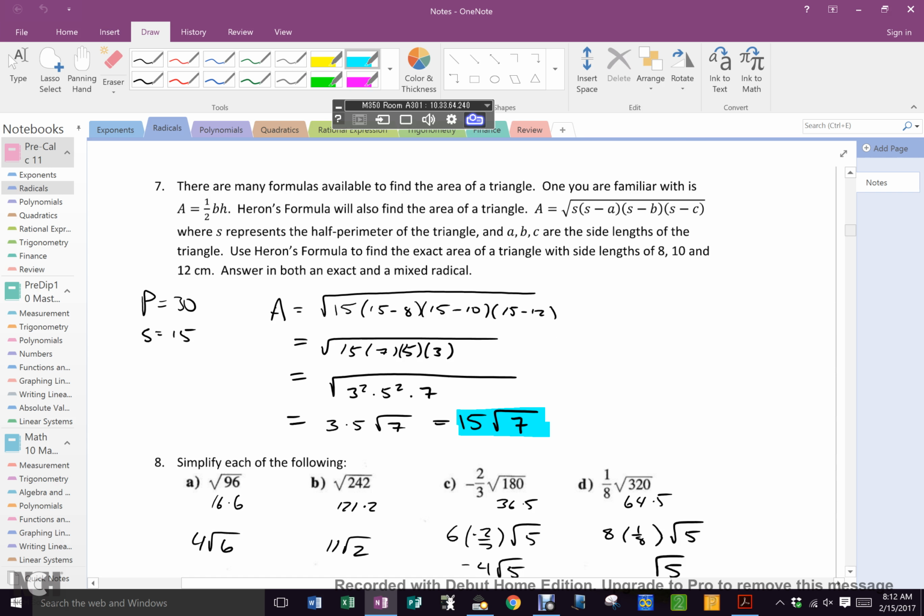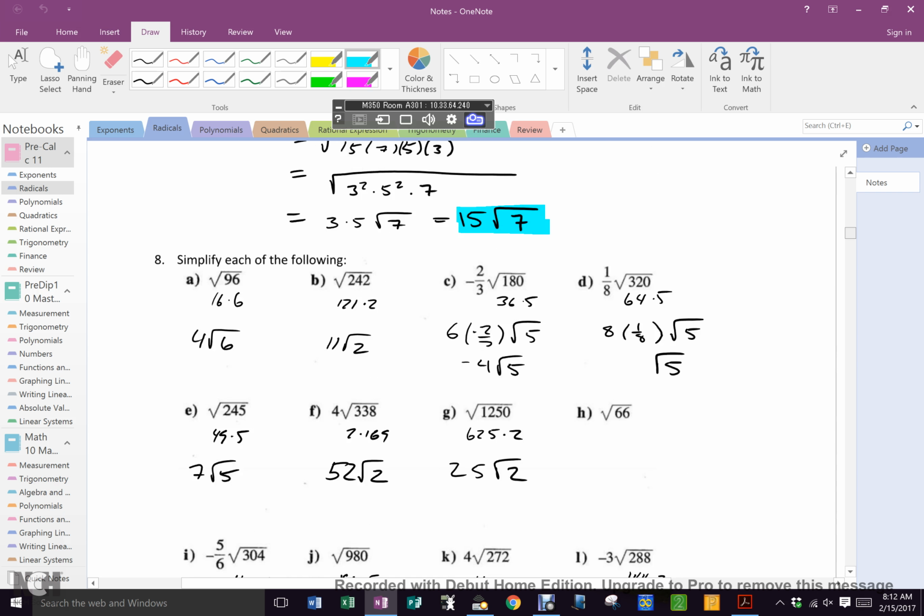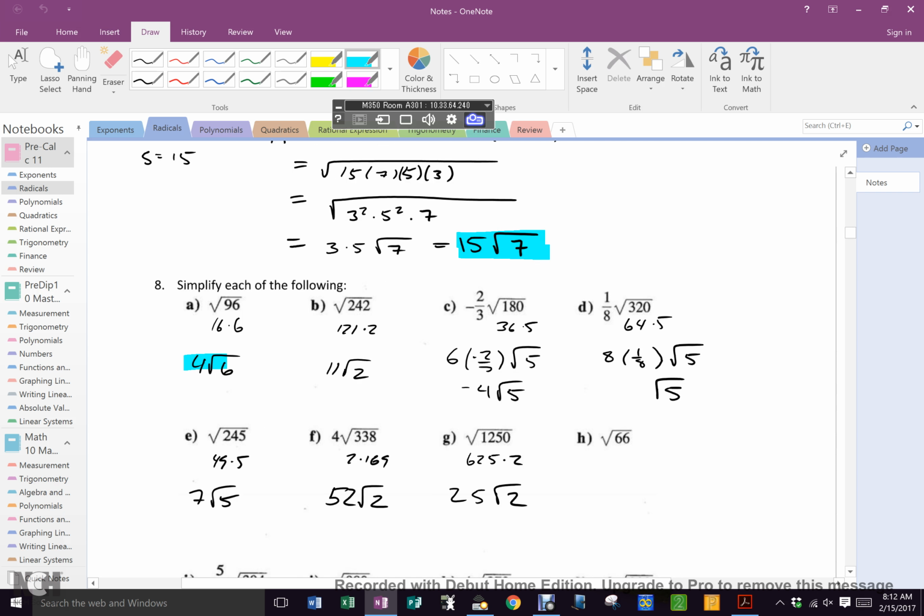There was work for that one, obviously. And 66, of course, is obviously already simplified because it is 11 times 2 times 3 and there is no pairs.